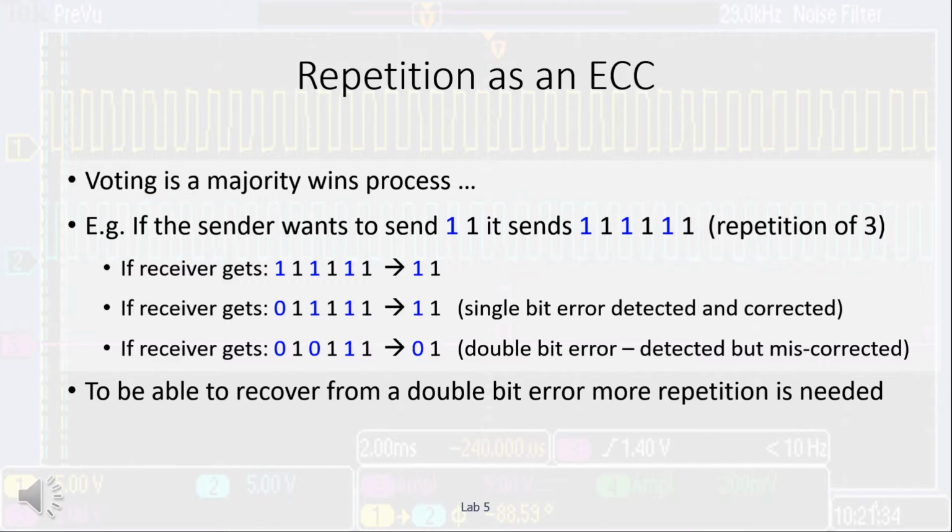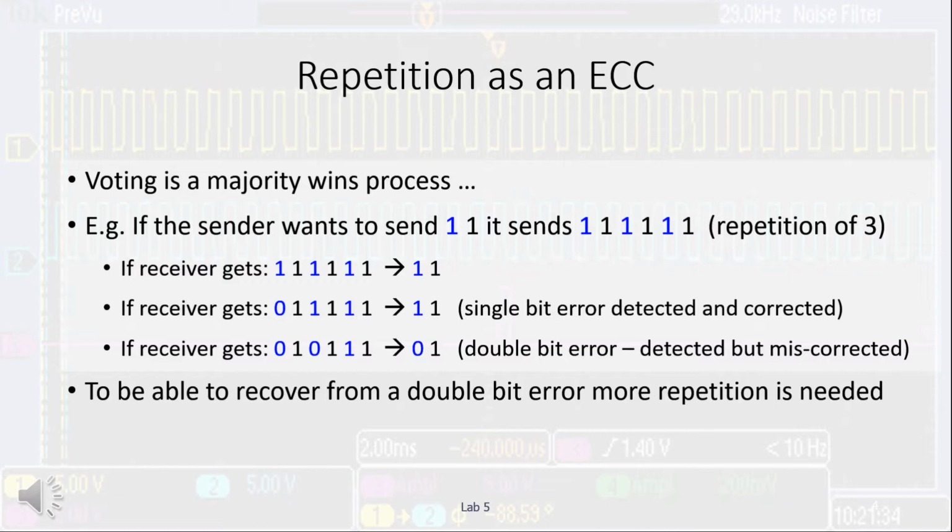It doesn't need to detect anything. However, if the receiver gets 0 followed by 5 1s, it will be able to detect that a bit error has occurred in that first bit, and it will be able to correct for it because there are another 2 bits to correct for that first 0 bit. So the 1 is in the majority in this case.